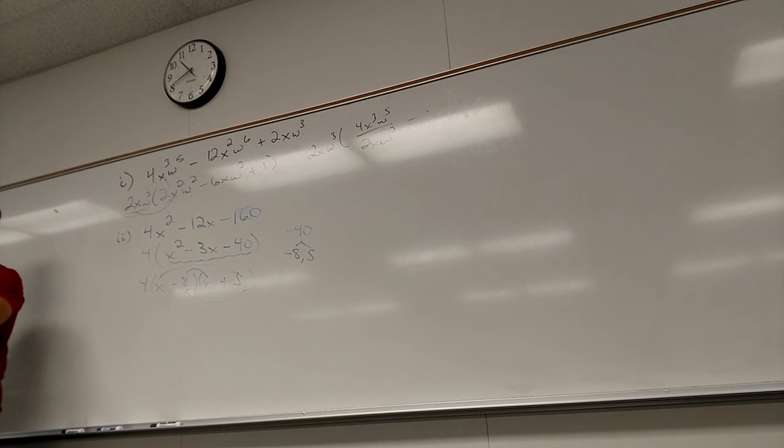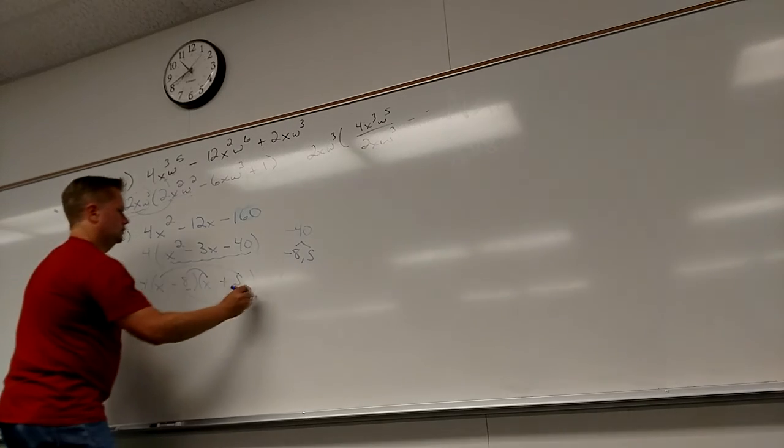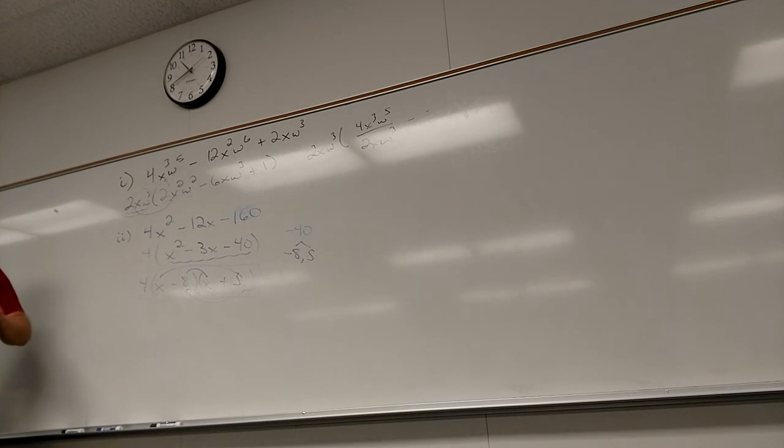So some of us get a little too optimistic. They're like, oh, this is easy. Take an X out, I just put it, I'm done. No. GCF means it has to be common. The C is common to everybody. Not common to random, common to everybody.